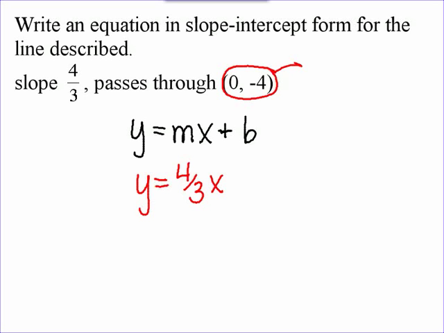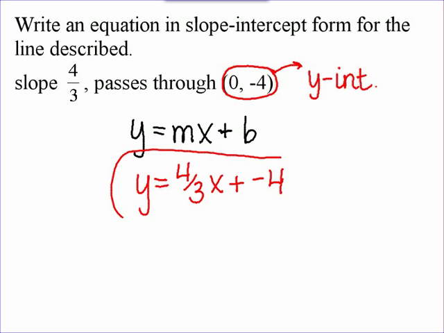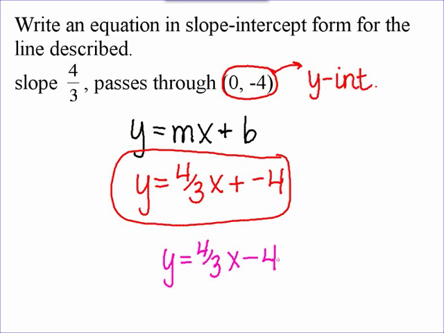This is the y-intercept. If you were to plot that, that's going to be on the y-axis. So they've disguised that as a point, but it's nothing more than the y-intercept. So I could write this as plus -4. I could write it as -4. Either of those is acceptable. So I could either write that as my equation, or I could write this as my equation. Either of those is acceptable. Questions?